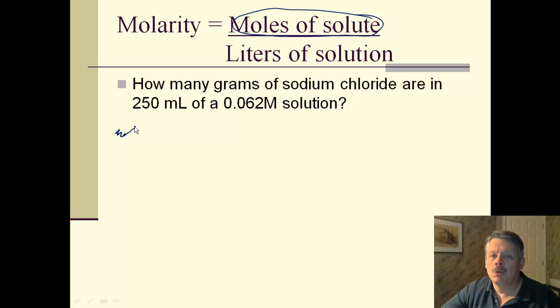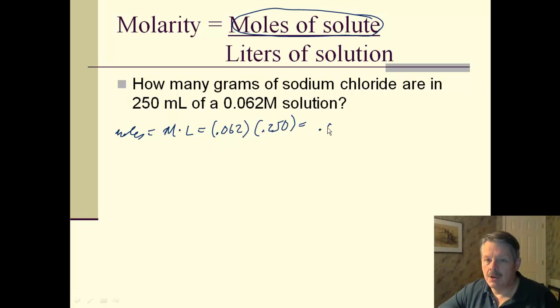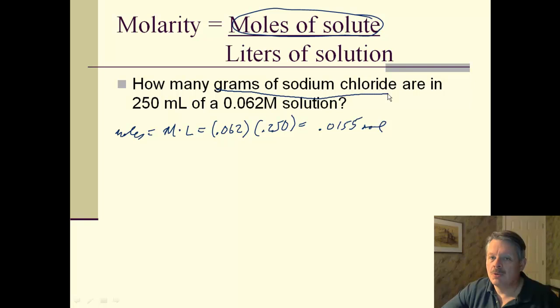So moles is equal to molarity times liters. So my molarity is 0.062 and my liters are 0.250. Right? If I multiply those two numbers together, I get 0.0155 moles. Now I'm trying to get to grams of sodium chloride, so I have to figure out how much sodium chloride weighs.